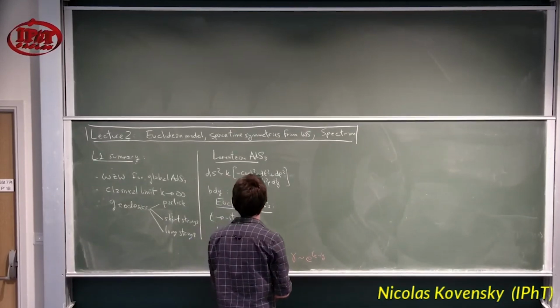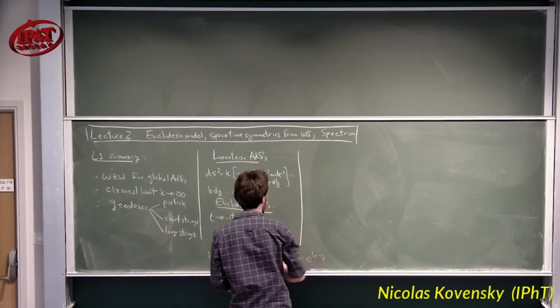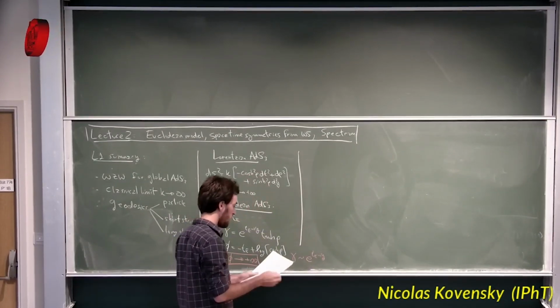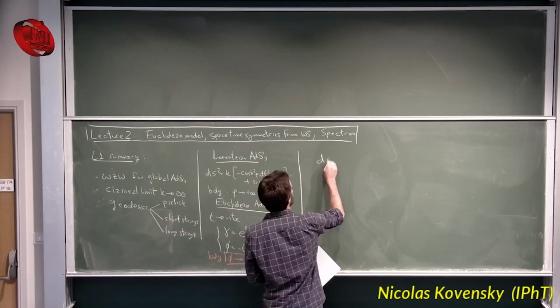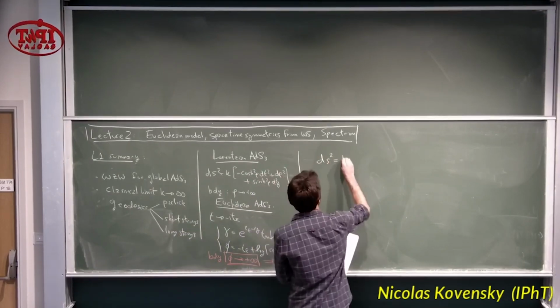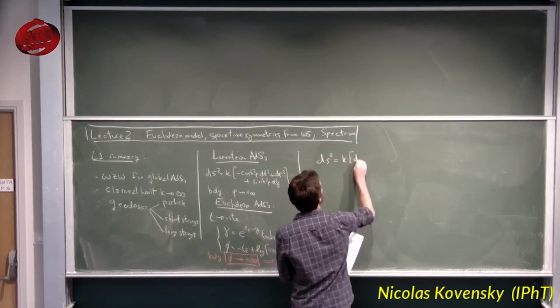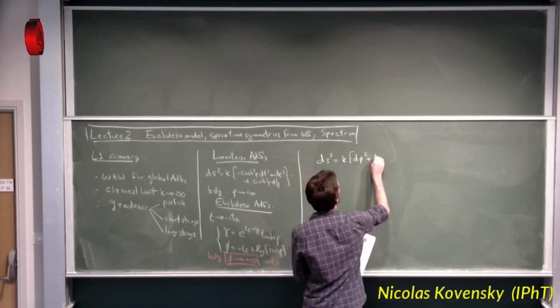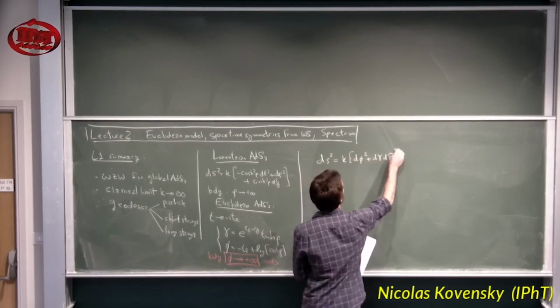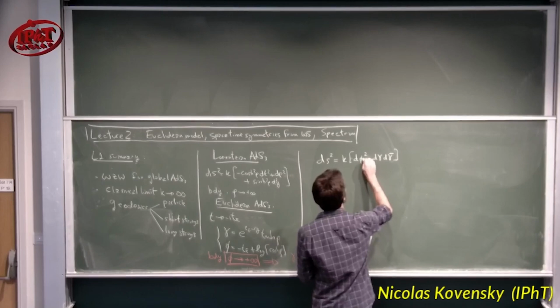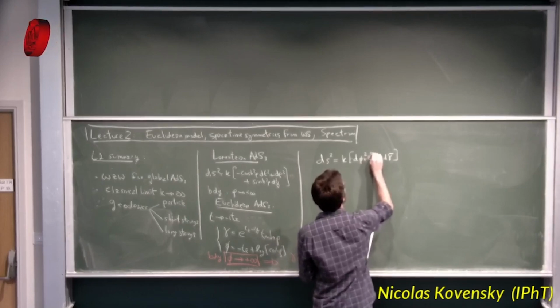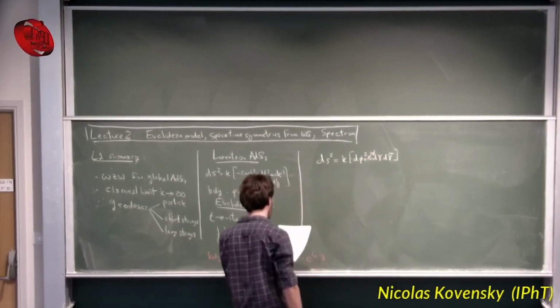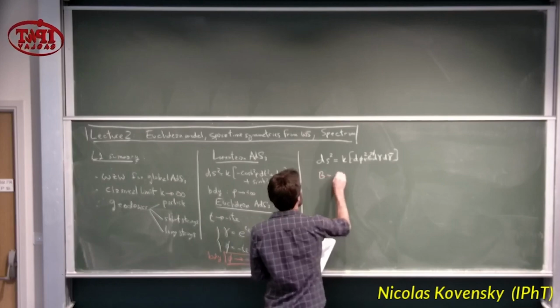Okay, so when I do this, what do I get? I get a metric which looks like this, and a B field which looks like this.